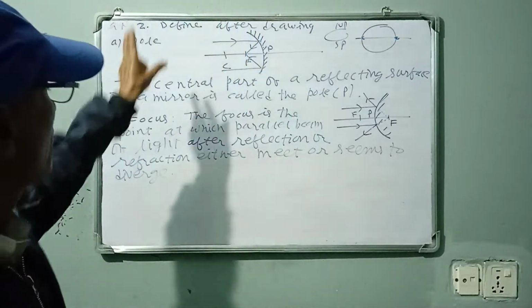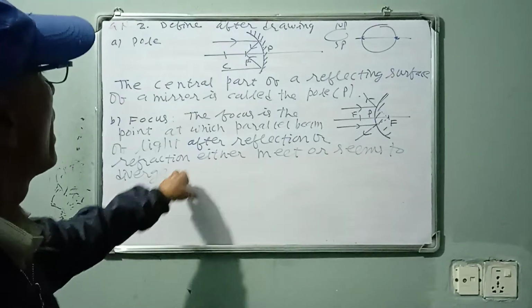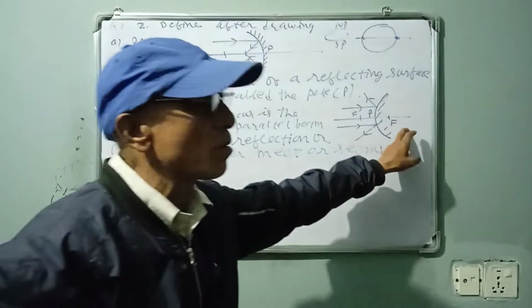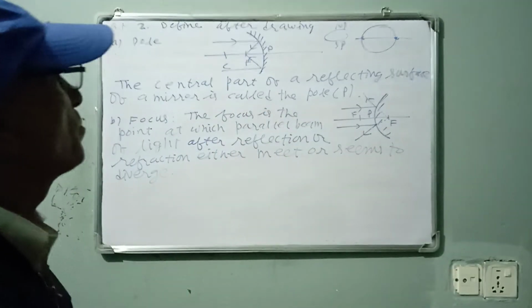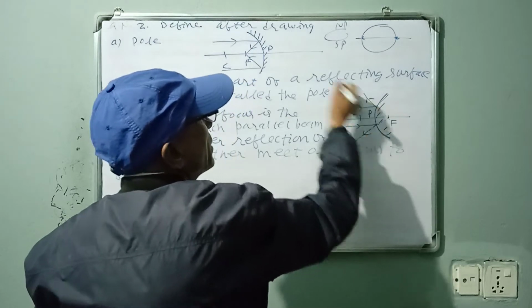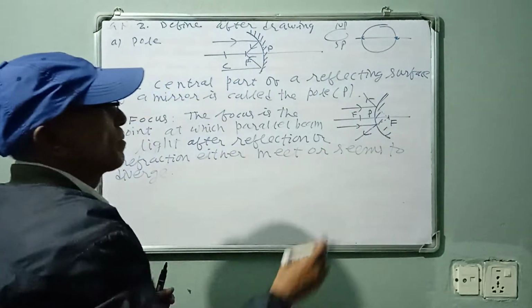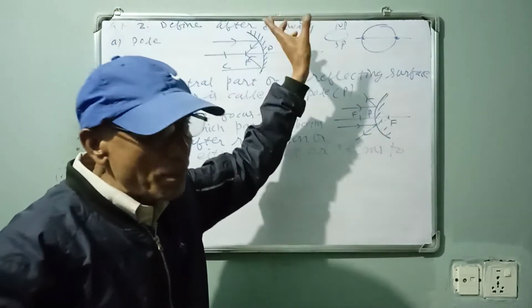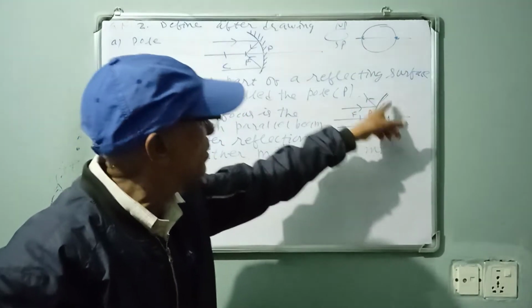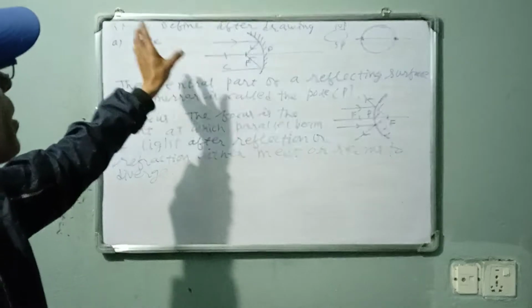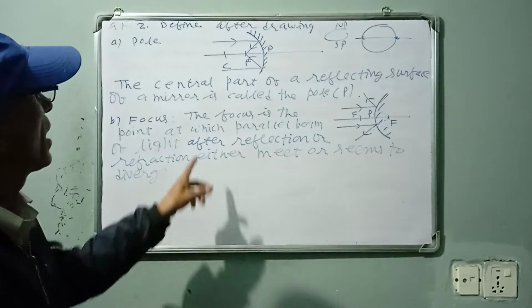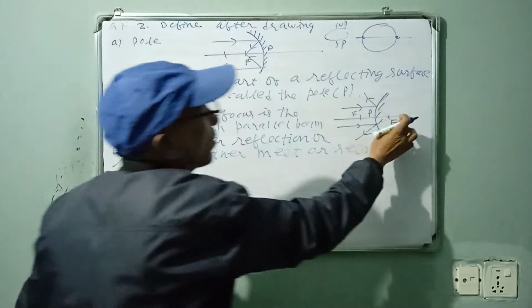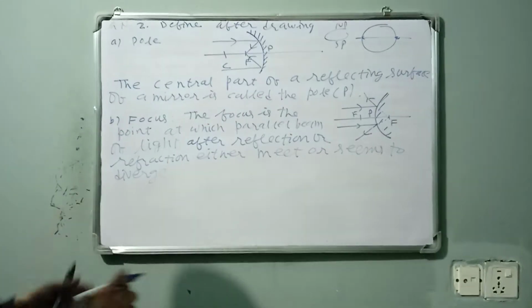The parallel beam of light meets at the focus in case of concave mirror. In case of convex mirror, the parallel beam of light seems to diverge. Seems to diverge, it seems to go in all directions from the focus. In case of concave mirror, the parallel beam of light actually meets at one place; for convex, it diverges from there.